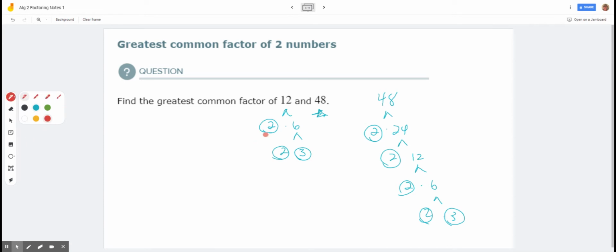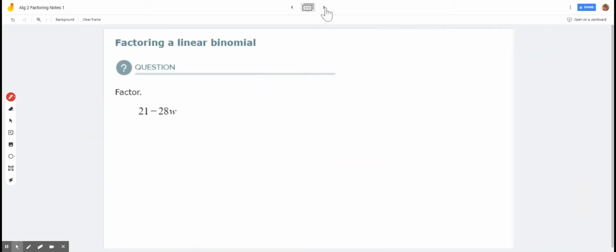They have a 2, a 2, and a 3. It's what they have in common. 2 times 2 times 3, which is 12. So 12 is the greatest common factor. And that's how you would find it using primes. A lot of you can do it a faster way, but I'm not going to teach it that way because your brain has figured it out.